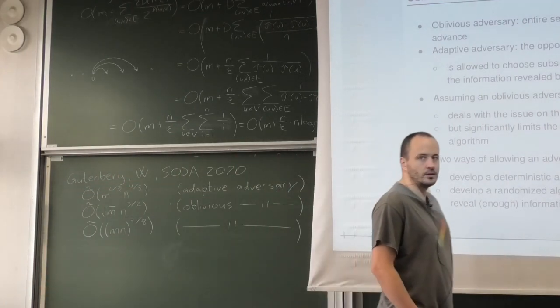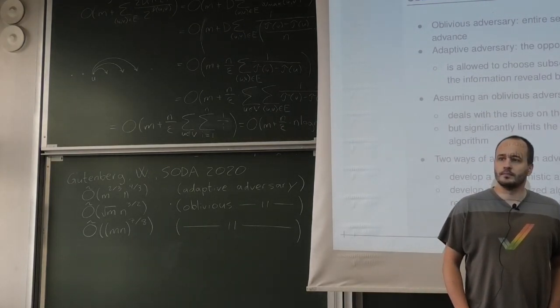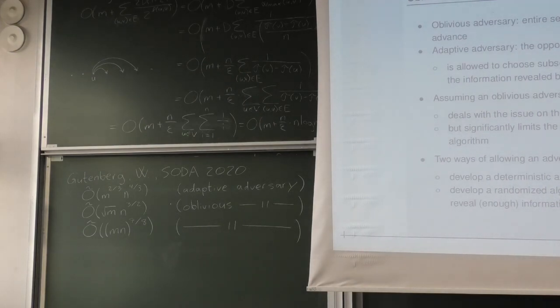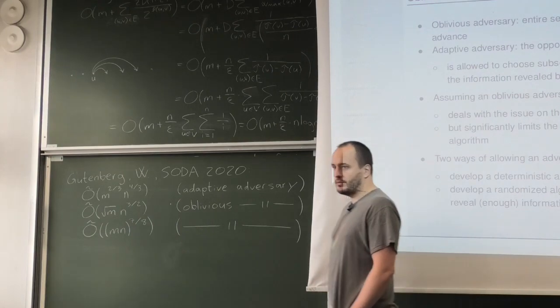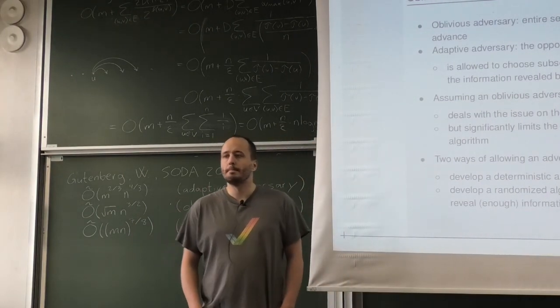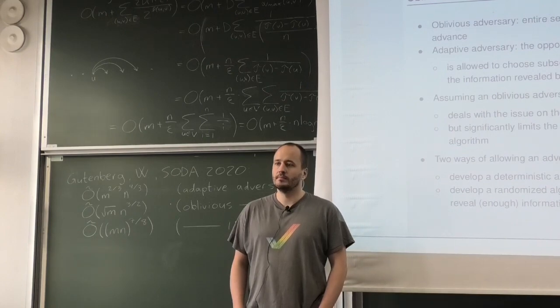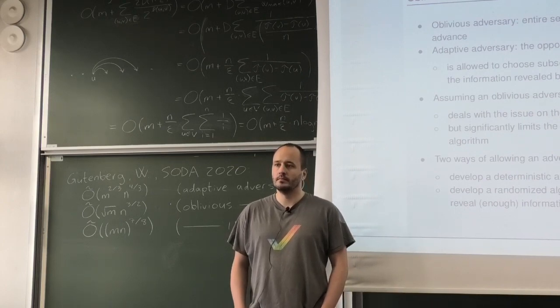No questions? So you're saying that with these all pairs shortest paths, there is no problem with adaptive adversary. Is that correct? Because it seems to me like all pairs shortest paths, when you delete vertices as we did, they can simulate connectivity.